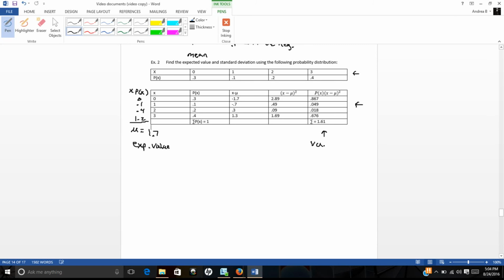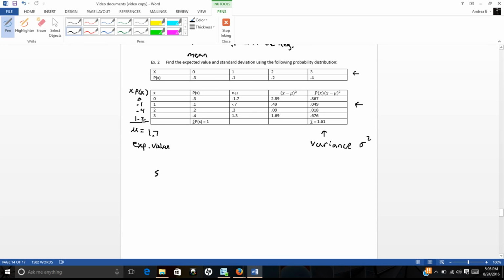And we need that variance in order to find our standard deviation. Just like it has in the book, our symbol for the variance, since we're dealing with a population variance, is sigma squared. That's what this little O type symbol means, it is sigma. Squared is for our variance.